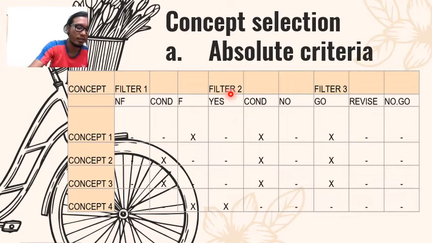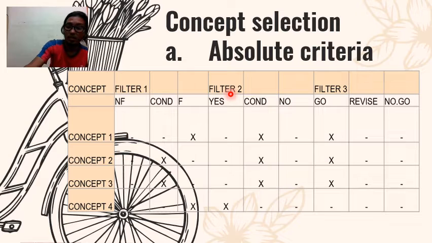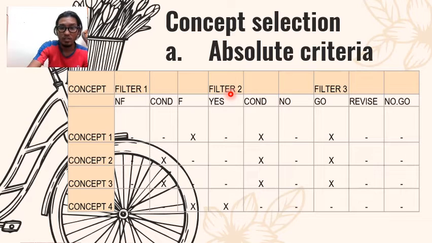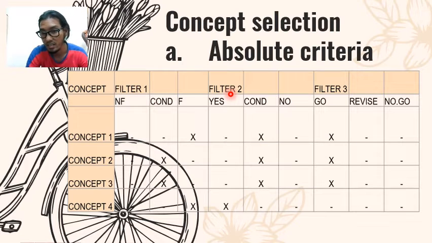The second filter is based on assessment of technology readiness. And the third one is engineering characteristic. For concept number 1, we get non-function for filter 1, condition for filter 2, and for filter number 3 is go.